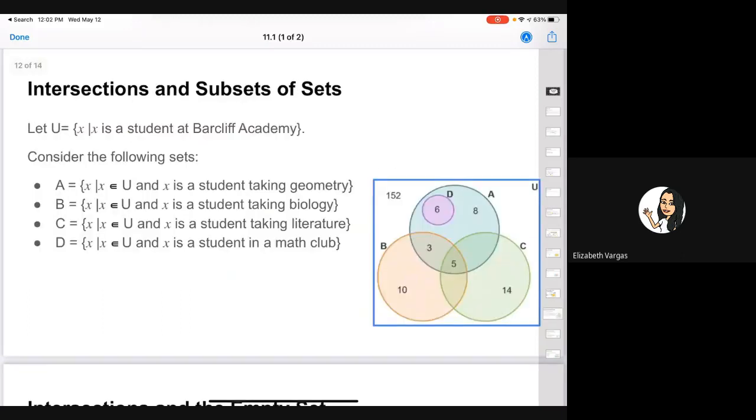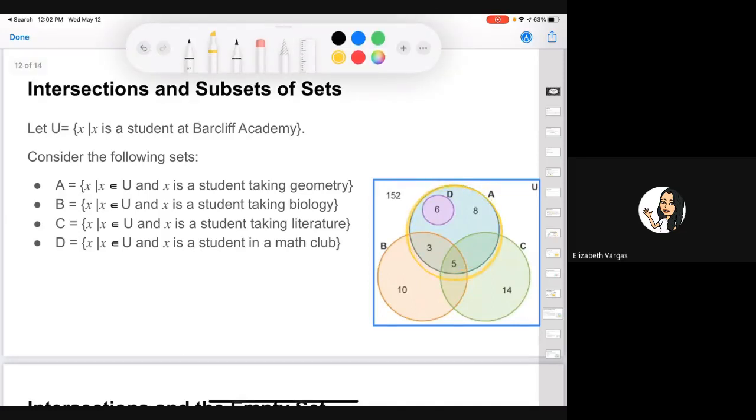Okay, the last thing we're going to do is look at how we can go ahead and use this information and use these diagrams to kind of represent what is included in my sets. So A, well, when I'm looking at A, what I notice is A is this blue circle right here.